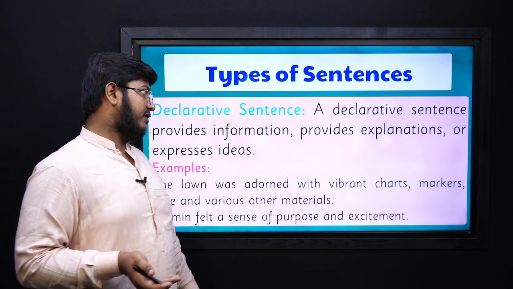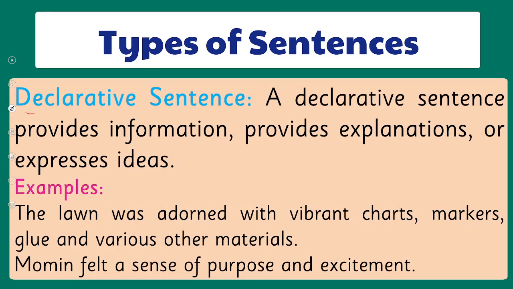Here we have the first type of sentences, which is declarative sentences. They are the most common in the language. So what are declarative sentences? As is clear from the word declarative, it comes from the word declare. Declare means to determine something, to fix something, to state, to make a statement about something.